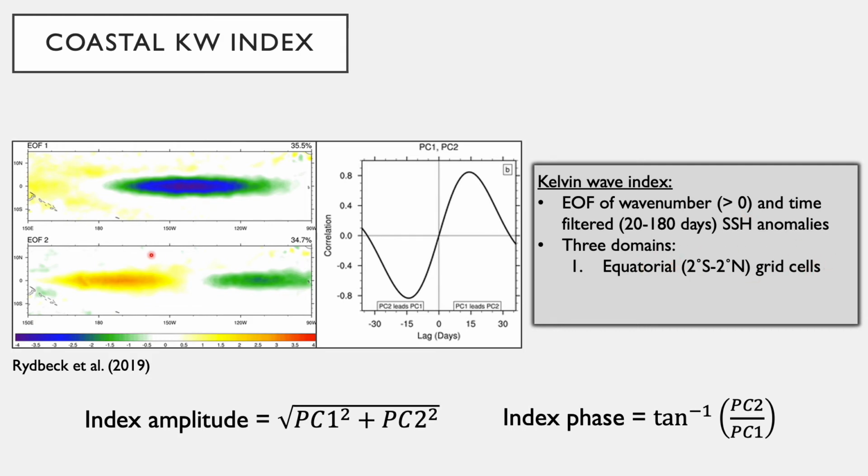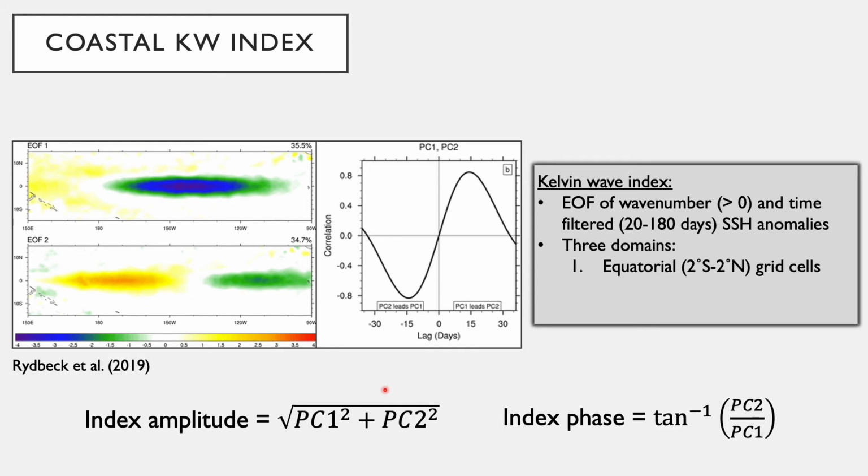Basically what they showed is that those first two EOFs are phase-lagged relative to one another, and they represent the eastward propagation of equatorially trapped Kelvin waves. And so they developed an equatorially trapped Kelvin wave index represented by the amplitude and phase relationship between these two PCs. This is exactly analogous to, say, the MJO literature, which has a variety of different indices that are based on pairs of EOFs.